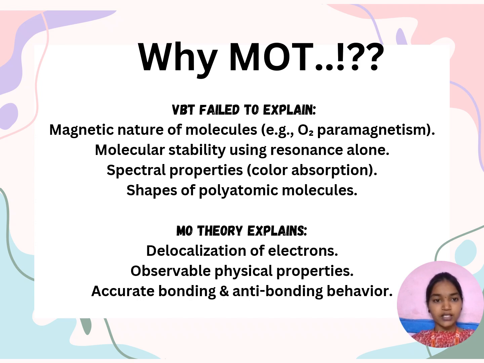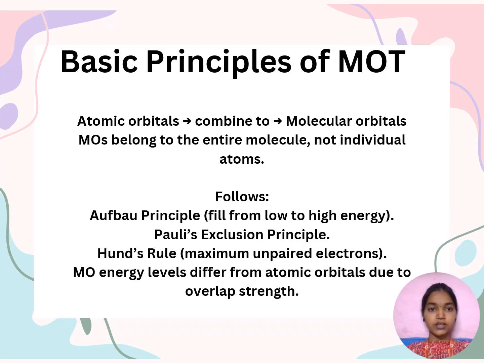Differences in bond lengths, bond energies, and magnetic properties were also not explained by VBT. Hence, MOT was developed. It successfully explains bond strength, bond order, magnetic behavior, electronic transitions, and even the stability of ions and excited states.